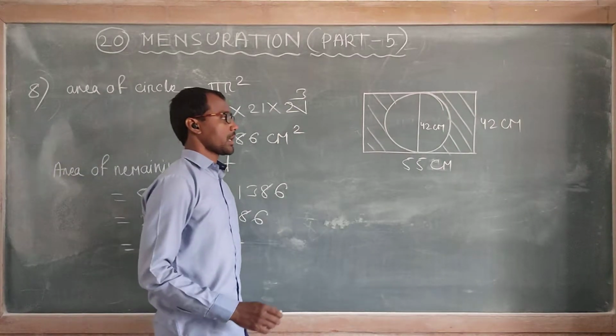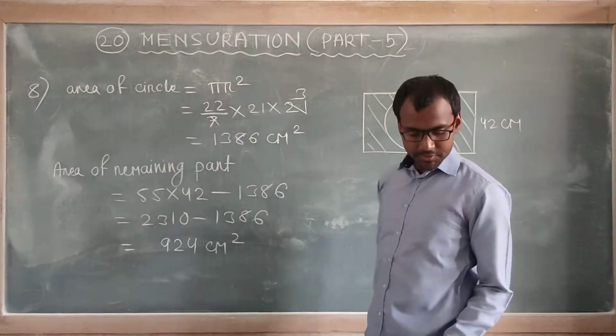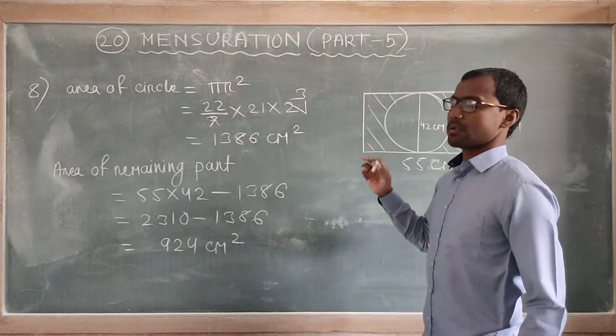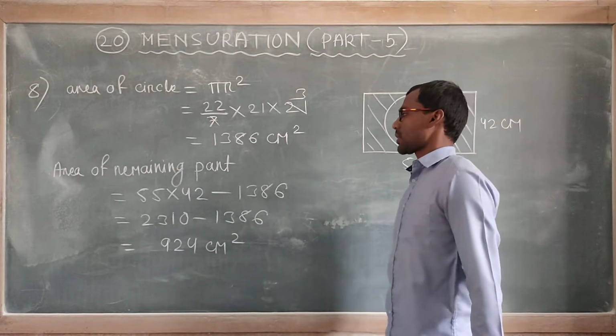So area of the circle is 1386 square cm and the remaining part is 924 square cm.